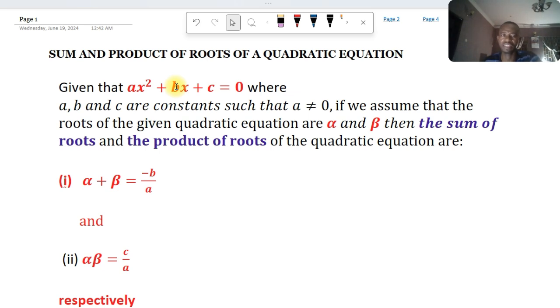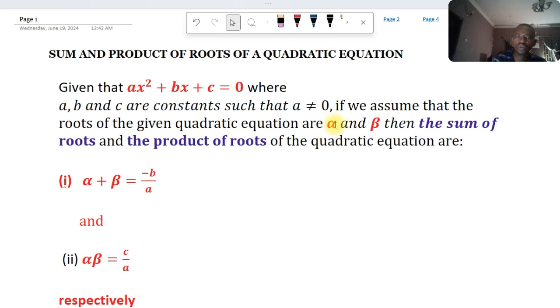Now if you assume that the roots of a given quadratic equation are alpha and beta, then the sum of the roots and the product of roots of the quadratic equation are given as we have below. So we have the sum, that is alpha plus beta equals minus b over a. Then the product, which is alpha beta, is c over a.